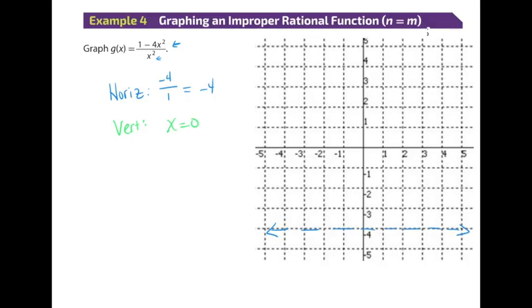Because in order to cancel, it would have to cancel with this guy, and he cannot. You cannot cancel part of a binomial or part of a polynomial. These do not cancel, all right? So that means he is a vertical asymptote, right? And so I am going to have a vertical right here.